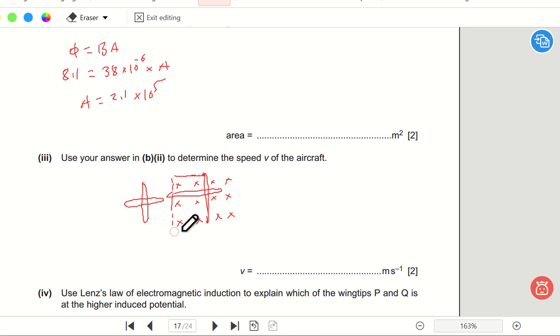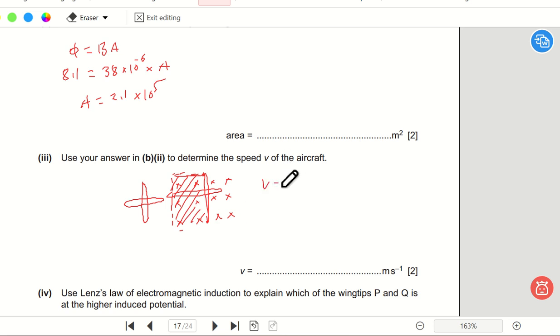I can make this area dashed like that. If we have the area which we just calculated from the previous part and divide it by the length between the tips of the wings, we get this width. We can then divide this width by 15 seconds, which is the time taken to cut this area of flux. Hence, we get the velocity.